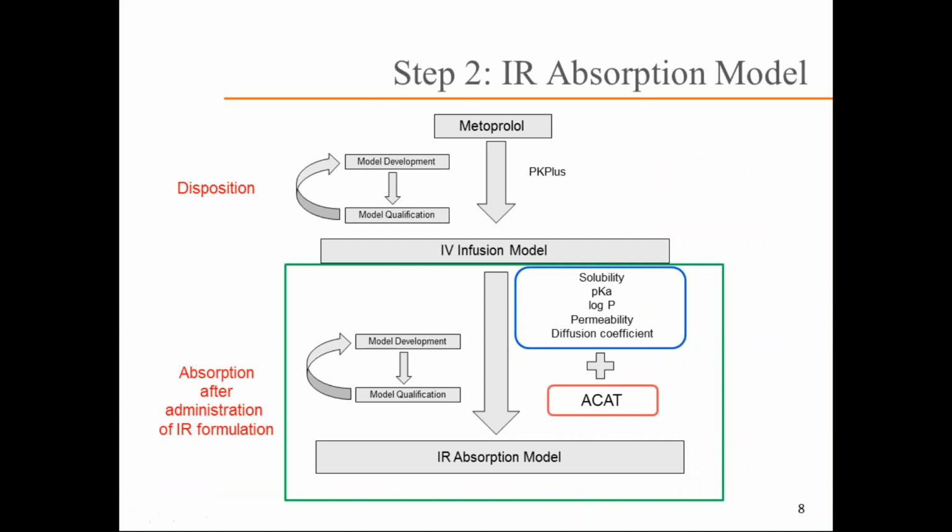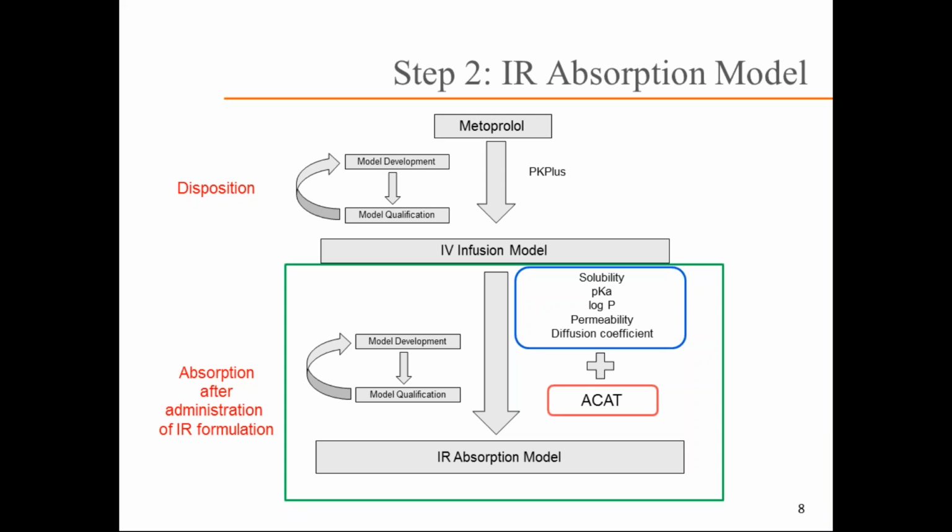So in our second step, once we defined the disposition characteristics of the API, we went to investigate the absorption model, which comes from the immediate release formulation of metoprolol. Metoprolol doesn't have a dissolution limitation for an immediate release formulation, meaning whenever you give an IR formulation, it will dissolve very quickly in the body.